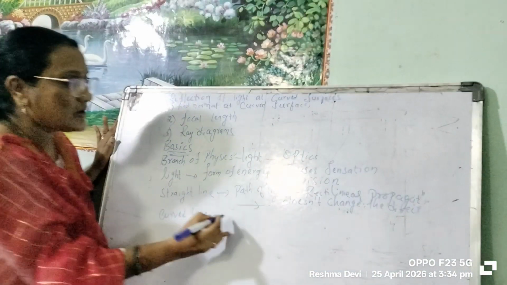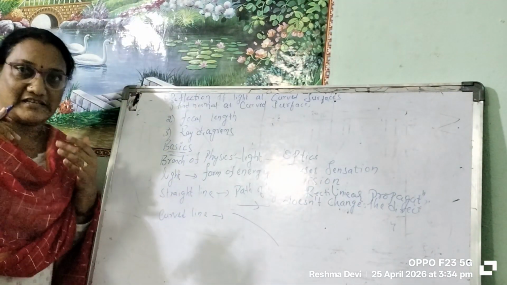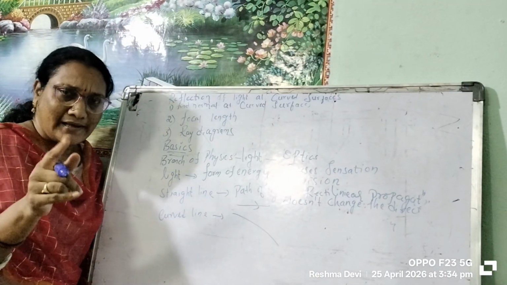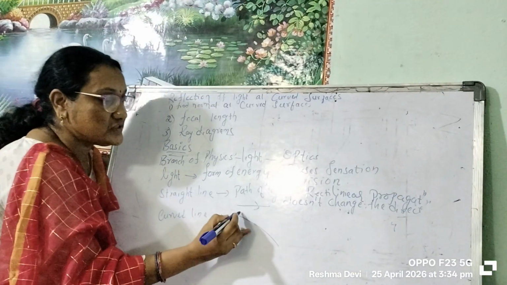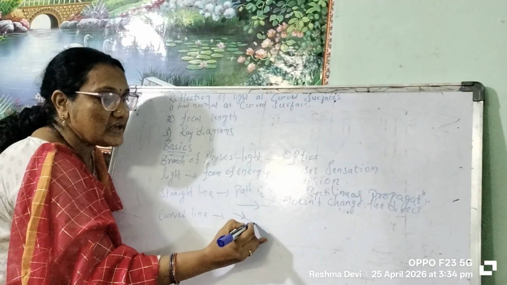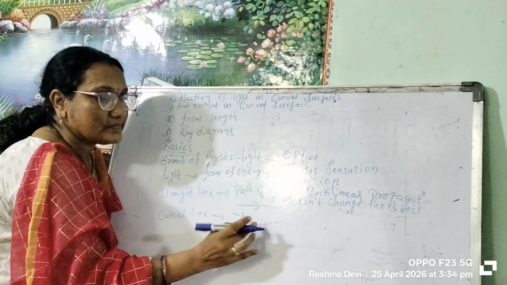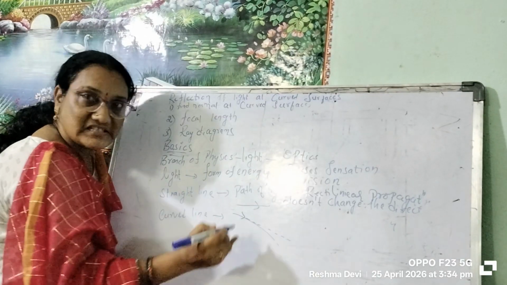Now, a curved line is also a smooth line, but here, at least once, the light changes its direction. See, light is moving in such a way, and it has to follow this path.